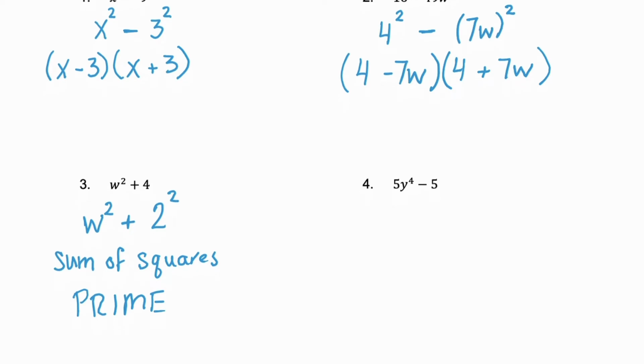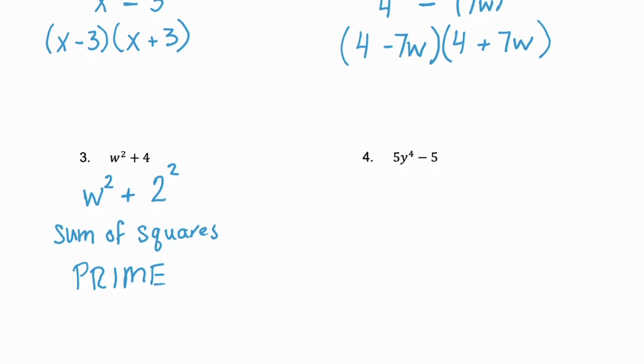So let's look at number 4. Do we have a GCF? We do. We have a GCF of 5. If we factor that GCF out first, we have y to the 4th minus 1. Do we have things that are squared in here? Well, let's see. Let's keep the 5 on the outside.